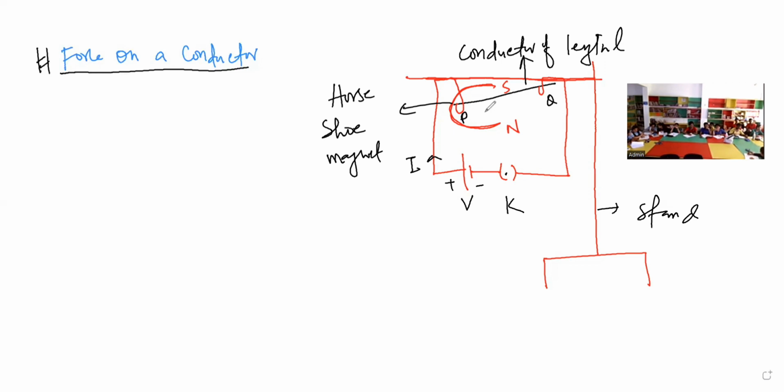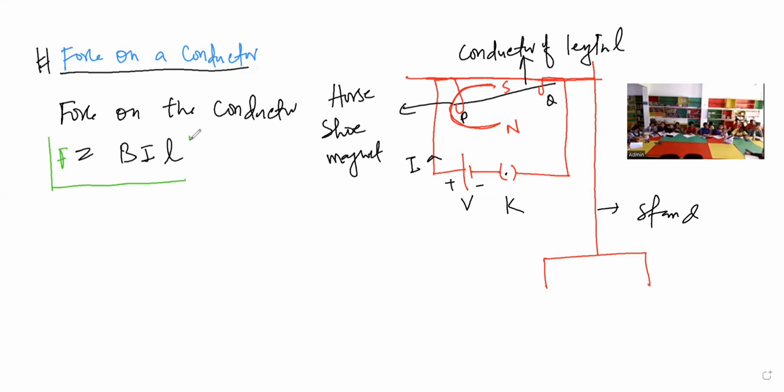So the force on the conductor is given by BIL. B stands for magnetic field, I stands for electric current, and L stands for length of conductor.